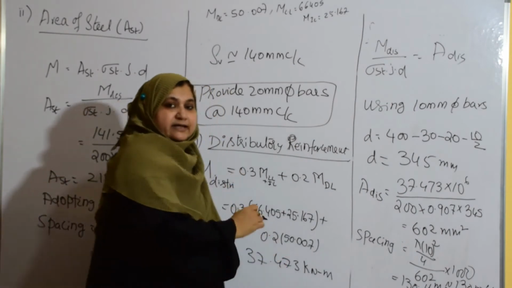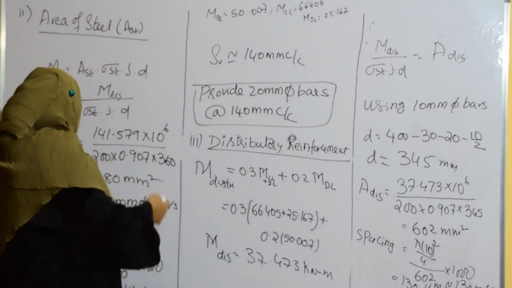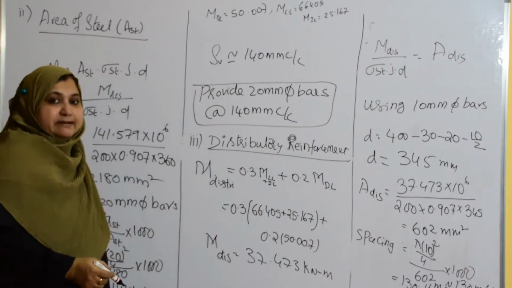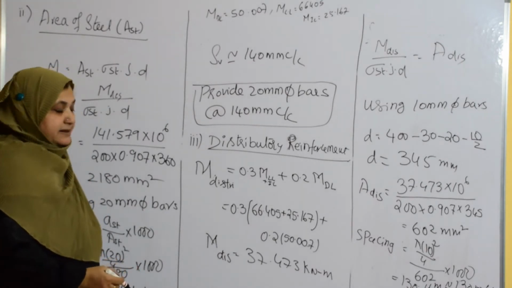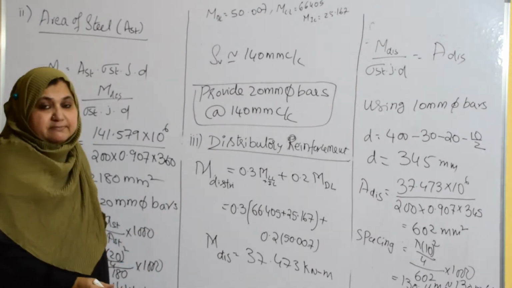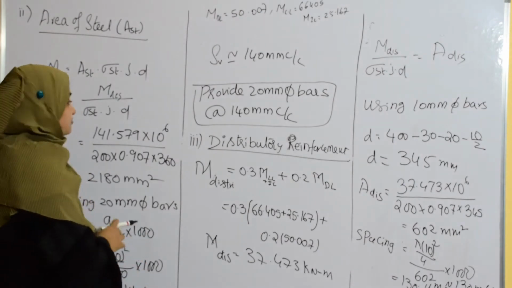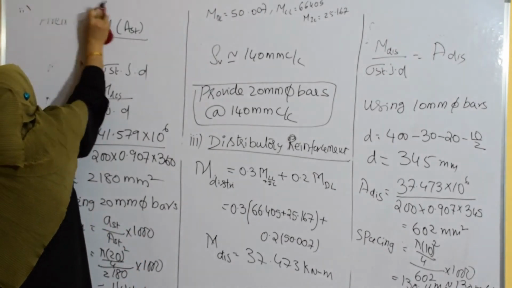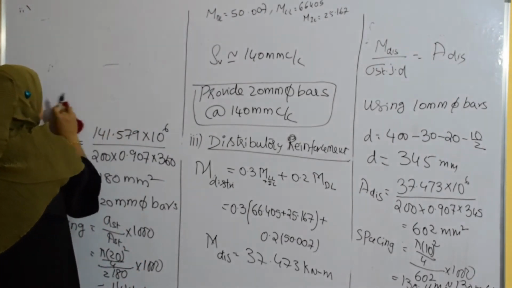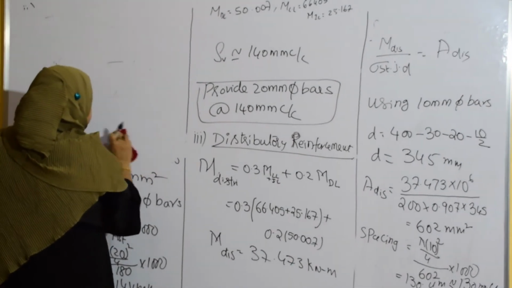Again in the end you have to write the same like this: provide 10 mm diameter bar at 130 mm center to center as distributory reinforcement. That statement you have to write in the design. So I am writing it, you can see.